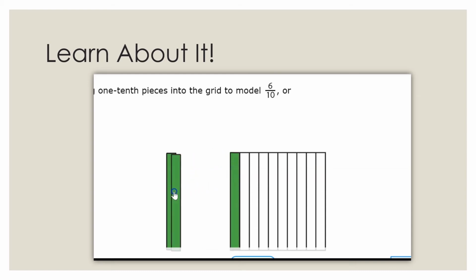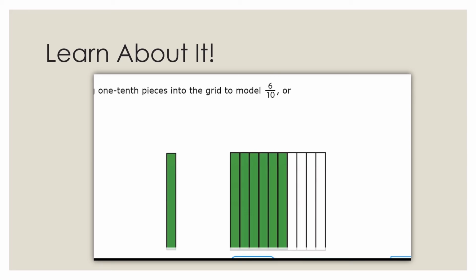So here we got 1/10, 2/10, 3/10, 4/10, 5/10, and then 6/10. So the fraction says 6/10, or the decimal can be written as 0.6.